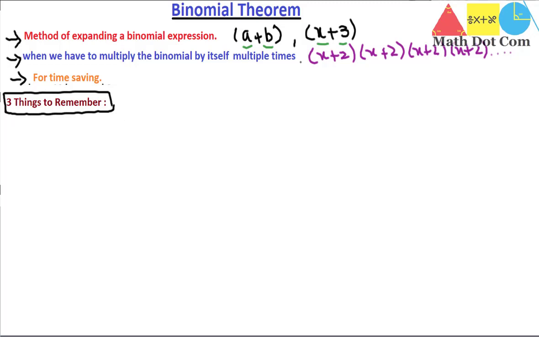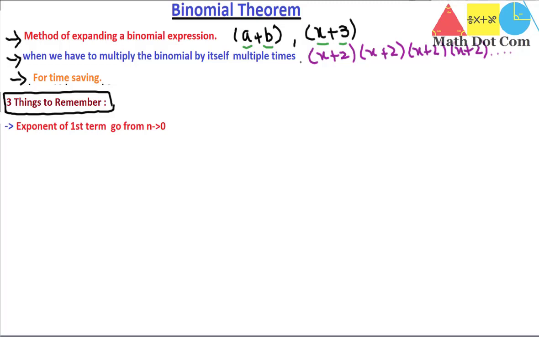The first thing is, the exponent of the first term goes from n down to 0. It means when you start expanding the given binomial expression using the binomial theorem, the first term's exponent should go from n down to 0.